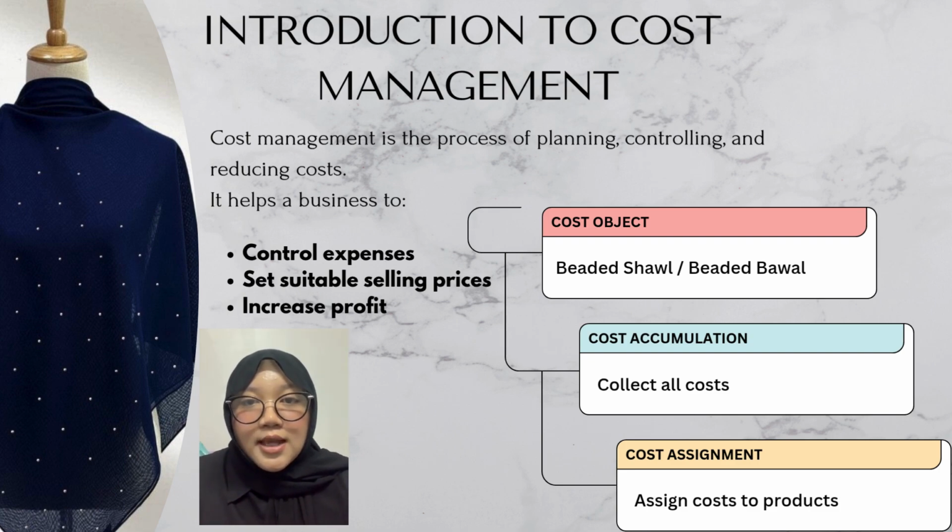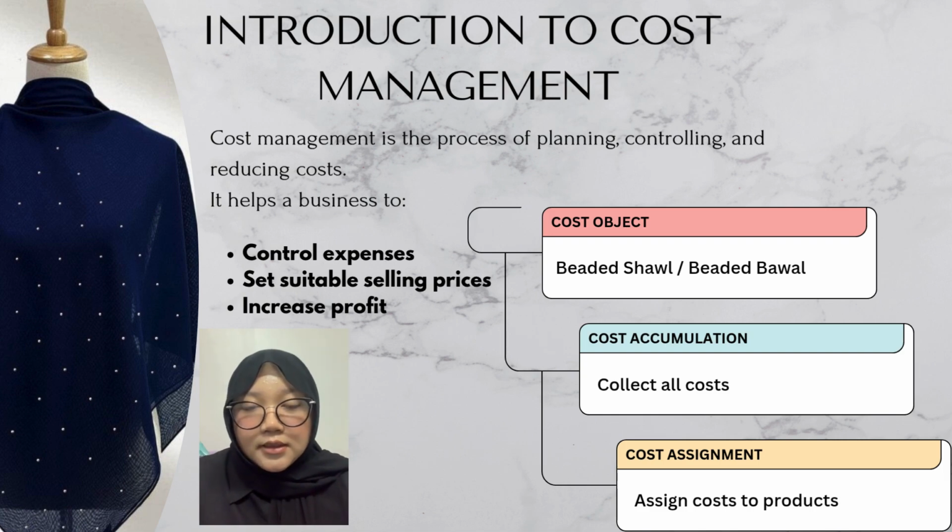Cost management helps a business in many ways. First, it helps to control expenses such as fabric costs, labor costs, electricity, and packaging costs. Second, it helps the business set a suitable selling price.